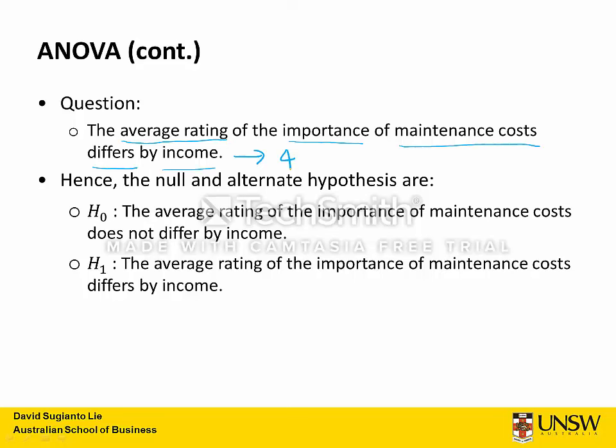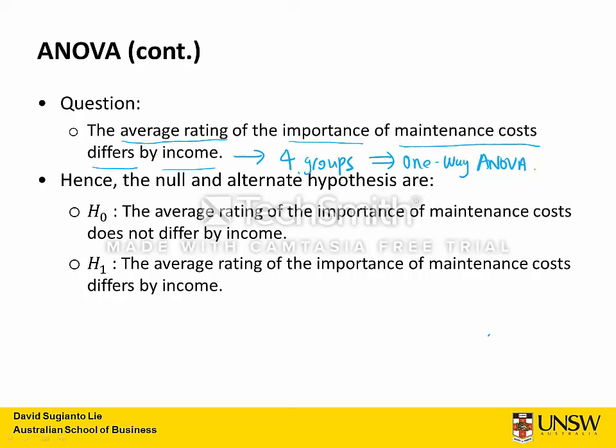So now, instead of just 2, male and female, we have 4 groups. Clearly, since we have 4 groups, we have to use one-way ANOVA.